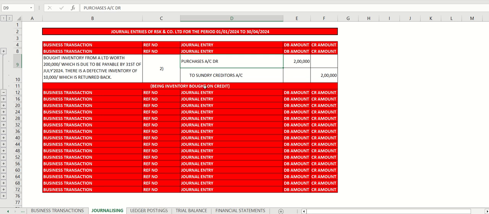Now, what is my ledger posting? What are the accounts which I am supposed to create as part of the ledger posting? One is the purchase account and the other one is the sundry creditors account. Now, let's move to the next phase of an accounting cycle, which is my ledger postings phase.